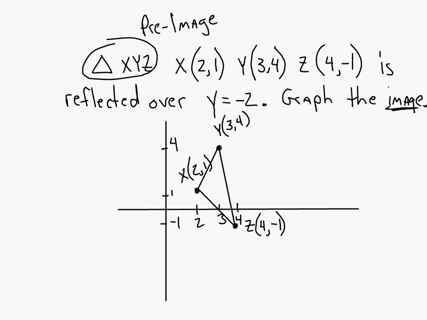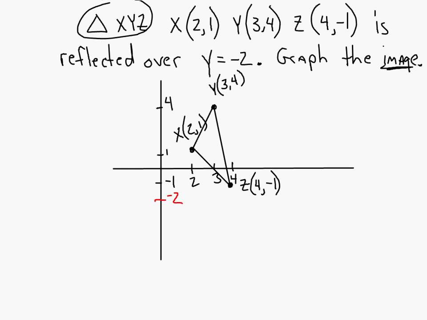You're going to reflect it over y equals -2. So when it gets reflected over y equals -2, you gotta identify y equals -2 first. Well, here's -2 on the y-axis, and y equals -2 is a horizontal line through -2. There's the line y equals -2. So now this image has to get reflected over that line.